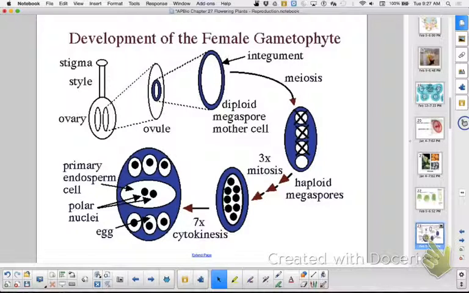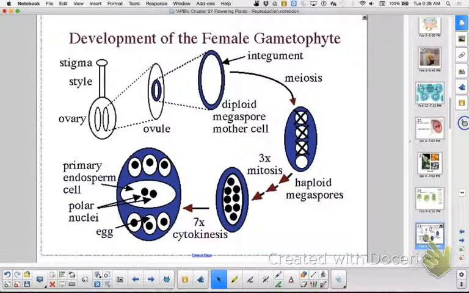And then 1 more time and you have 8. Look right here. When they do cytokinesis, they've done a bunch of mitosis to make the female gametophyte. The female gametophyte is 1, 2, 3, 4, 5, 6, 7 cells. There was no cytokinesis here, so it has 2 nuclei. So this center part right here is already diploid.